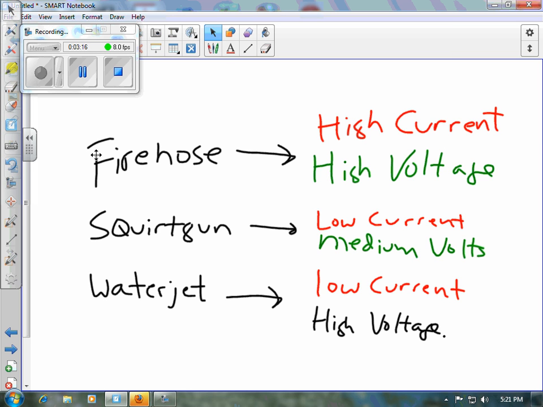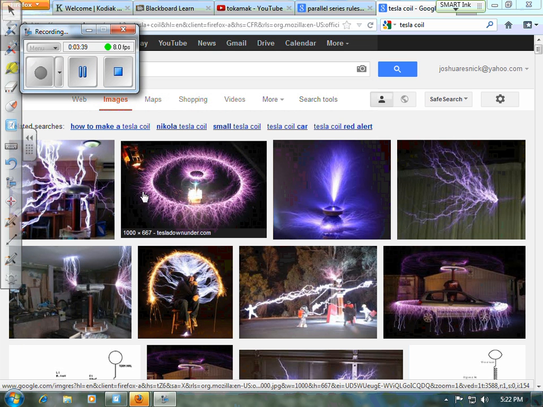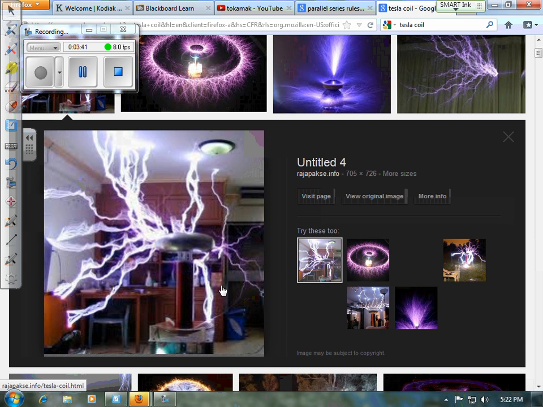Let's talk a little bit about what happens in air if you have high voltages that get really high. And we will see some pictures of that. So here's some pictures of a device called the Tesla coil, which produces extremely high voltages.